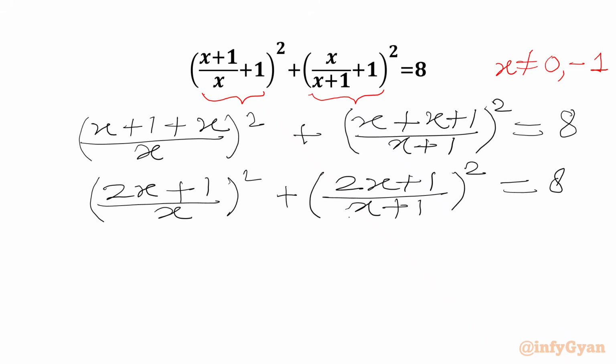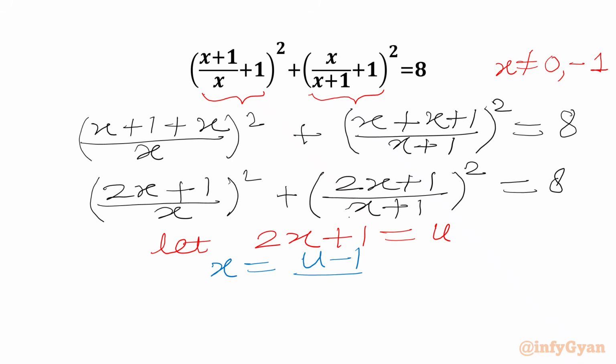Now we are going to use substitution. Let us say 2x plus 1 equal to u. So from this substitution, we can find x value will be equal to (u minus 1) over 2. Now we have requirement of x plus 1 also.